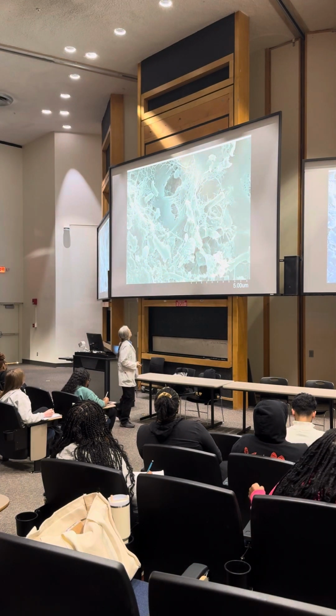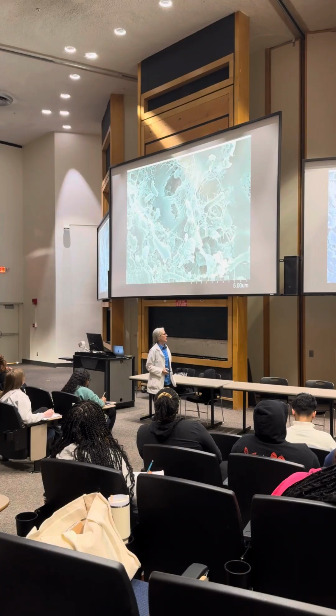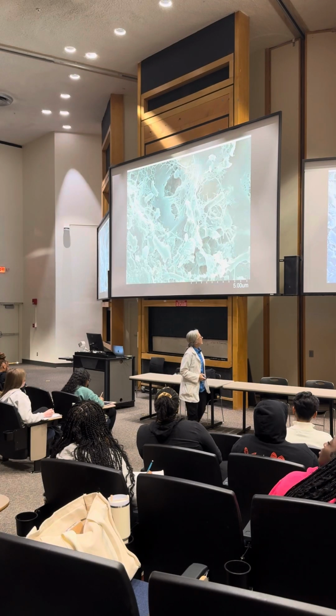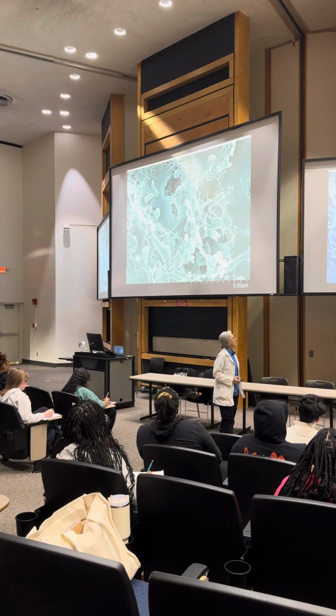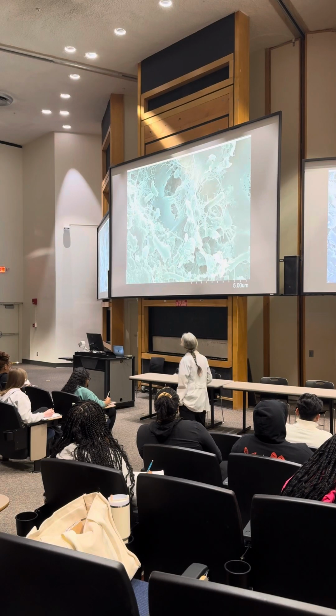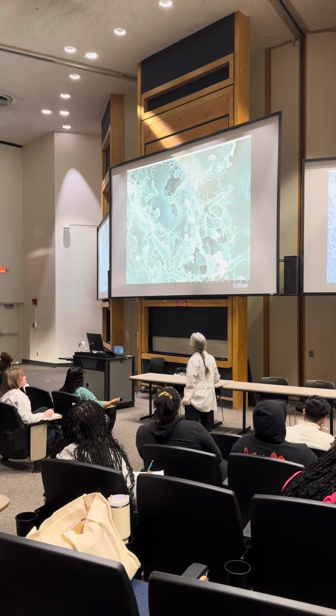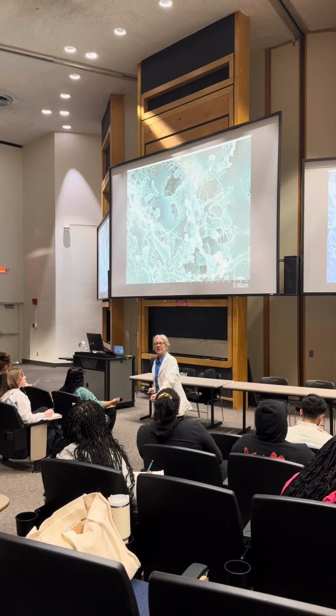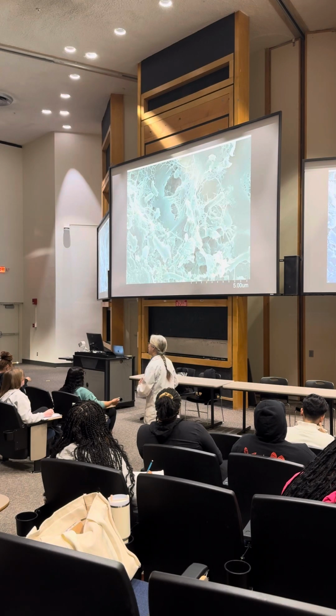So if we looked at a biofilm up close, this is what it looks like. It's a collection of bacteria and other substances. So imagine if you got this sort of thing in a blood vessel of your heart. Can you imagine that? Yeah. So you can see how a biofilm in a blood vessel could clog it up, right?